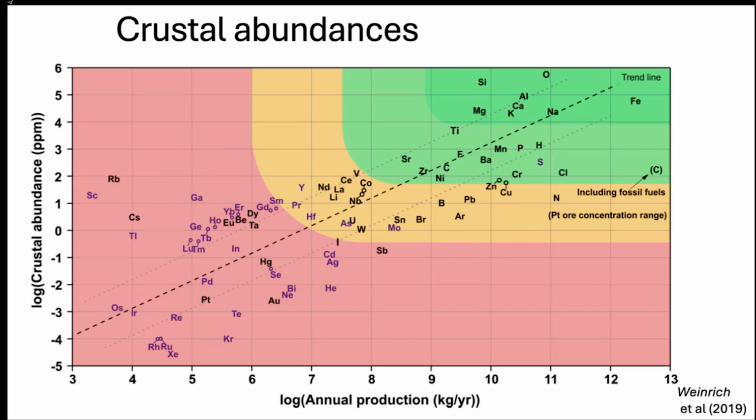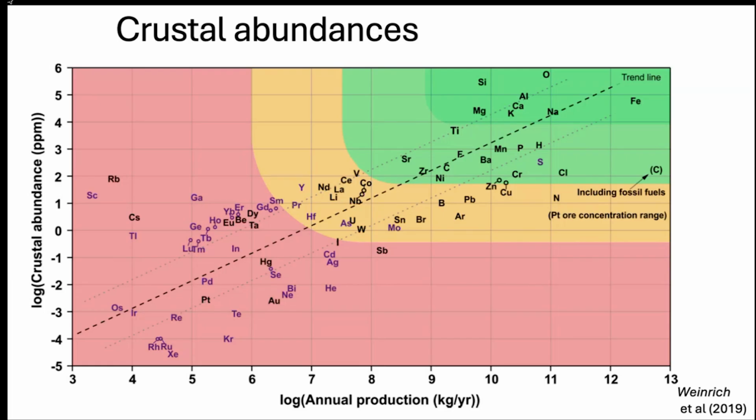There's an interesting quasi-linear relationship between crustal abundances of metals and their annual production, which makes sense. If they're more rare, they're harder to produce.